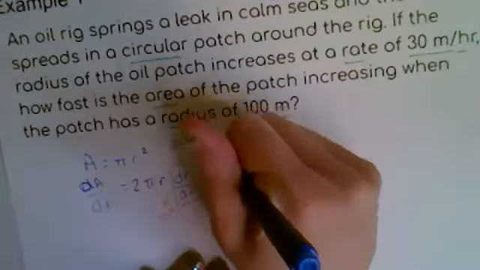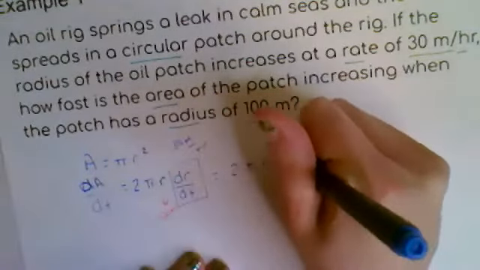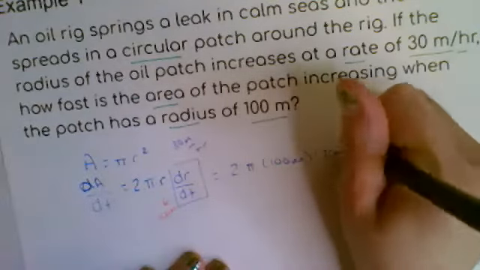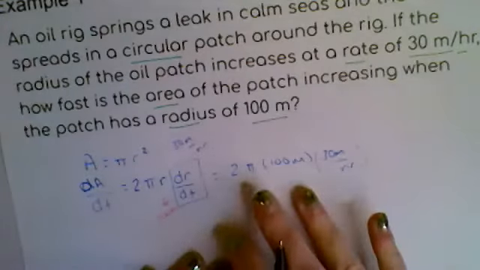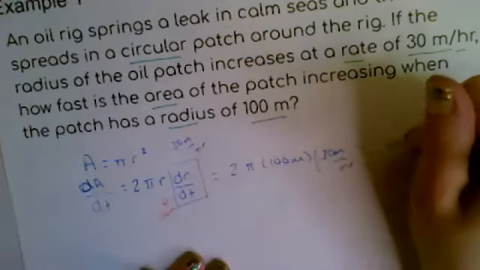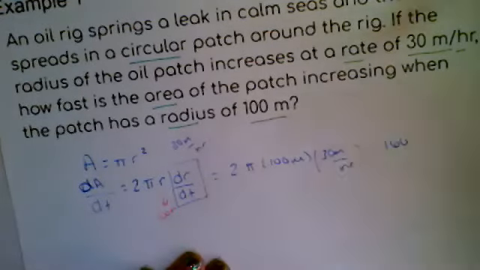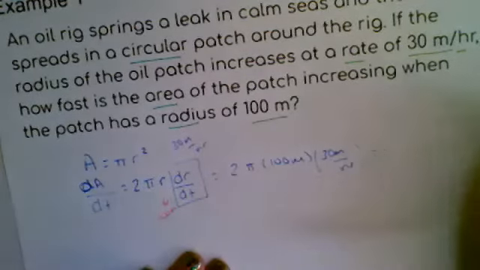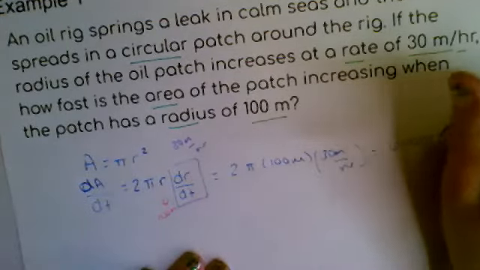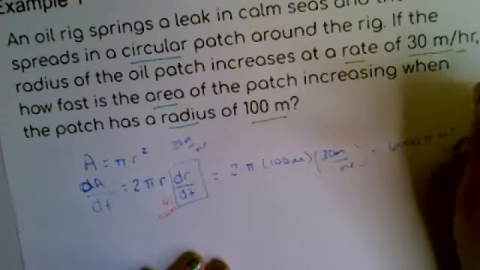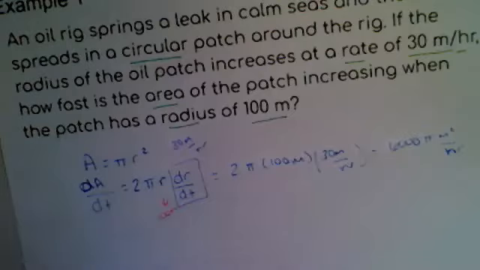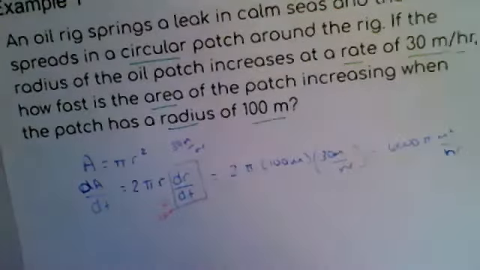So we're going to get 2 pi times 100 meters times 30 meters per hour. And if I multiply my 2 with my 100 and my 30, I will get 6,000 pi meters squared per hour. And that's my answer.